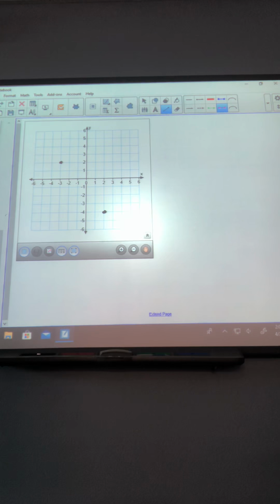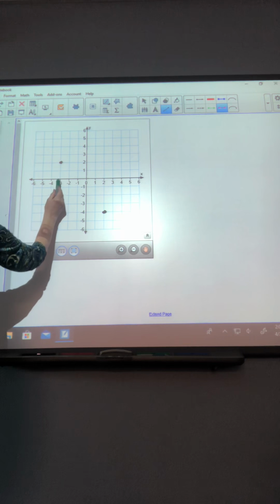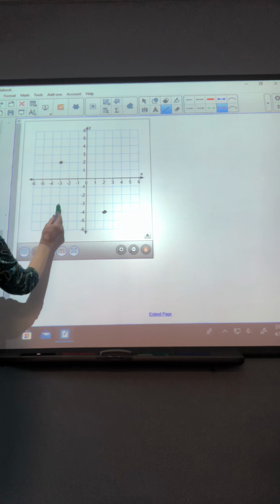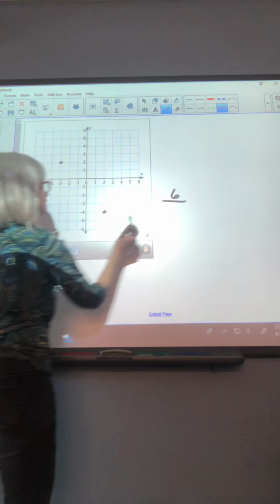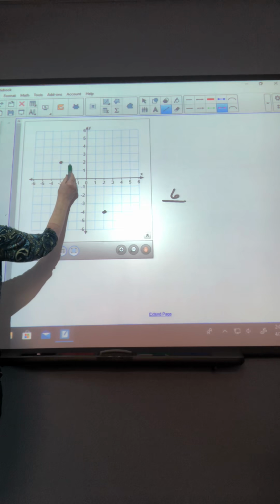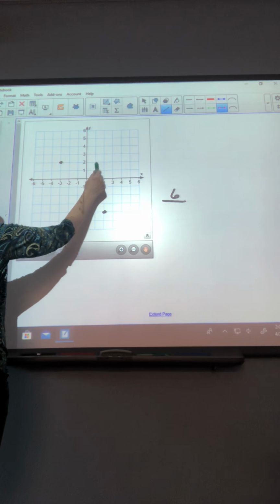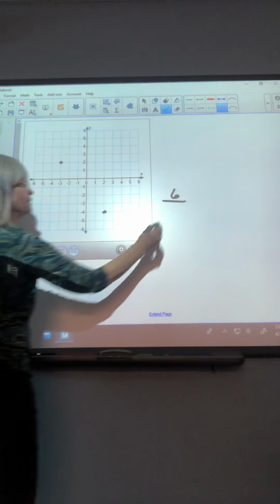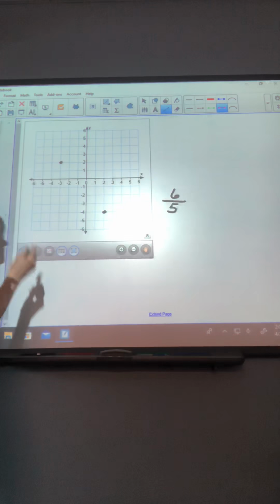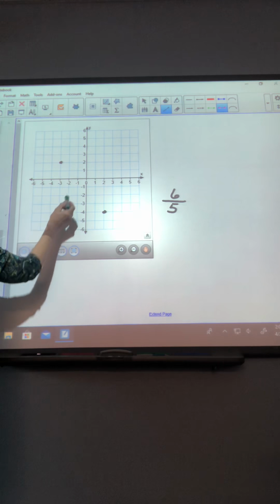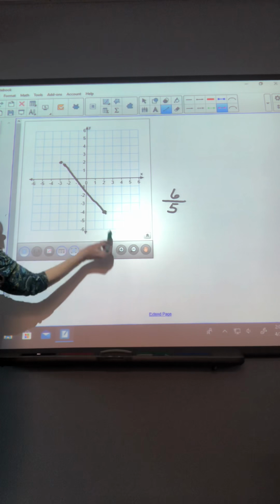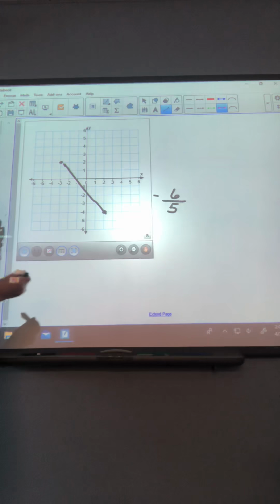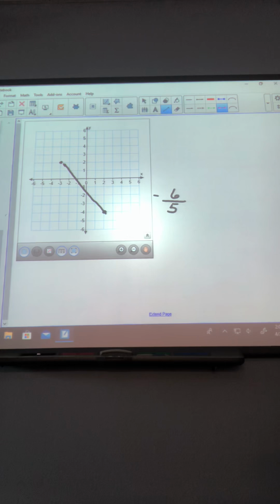And so now we're going to figure out what the slope is. We're falling 1, 2, 3, 4, 5, 6. We're running 1, 2, 3, 4, 5. So our slope is 6 over 5. But we also need to take into consideration that the line is falling. And so that would be -6 over 5.